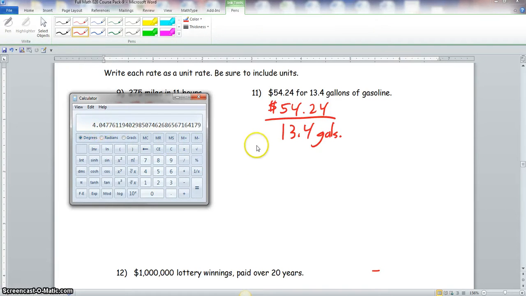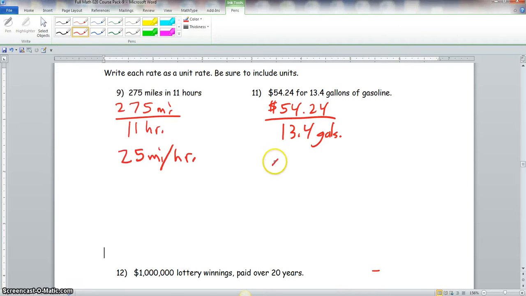So we have $4.05. So this will be approximately $4.05 per gallon. And we know that's per 1 gallon. And that is our final answer.